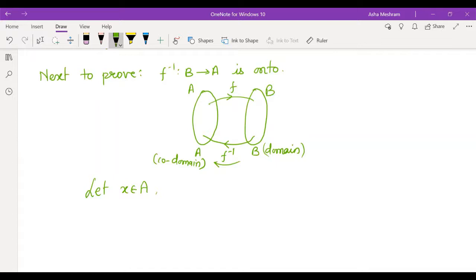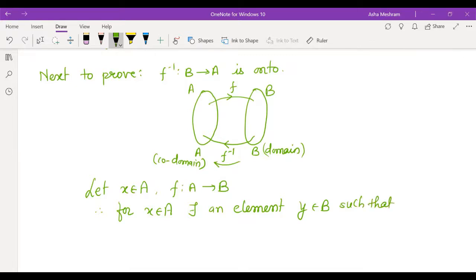Now since x belongs to A and f is mapping from A to B, therefore we can write that for x belongs to A, there exists an element y belongs to B such that f of x is equal to y.